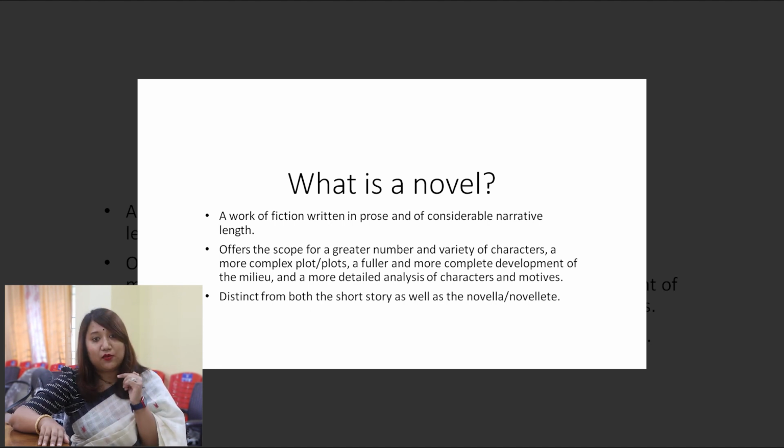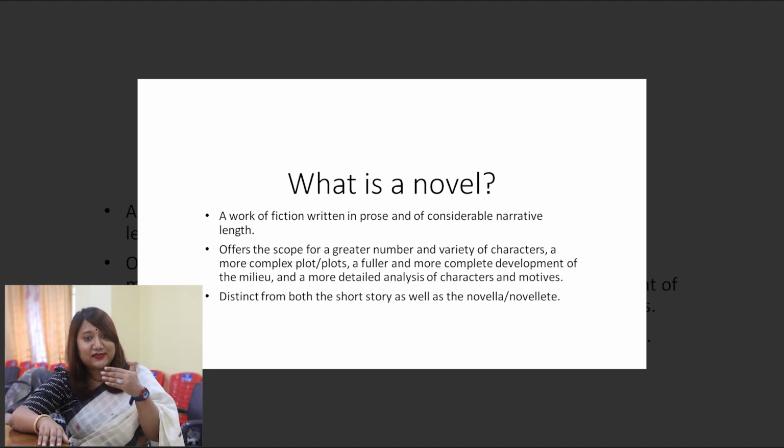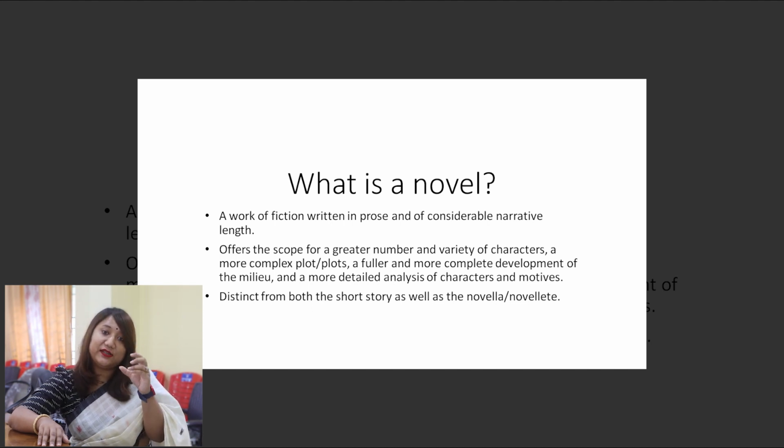Now because novels are extended narratives, they become endowed with certain characteristics. It becomes possible to endow the novel with characteristic features which we cannot do in other forms, such as the short story or the novella.